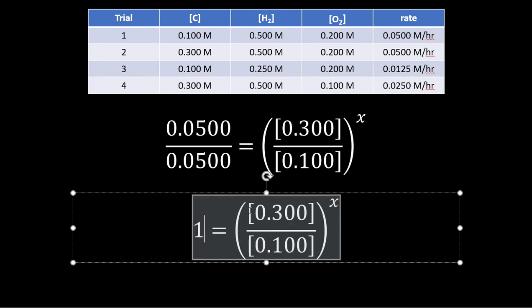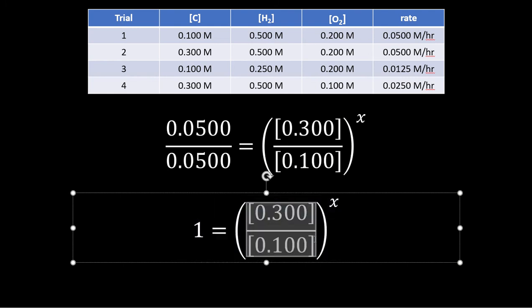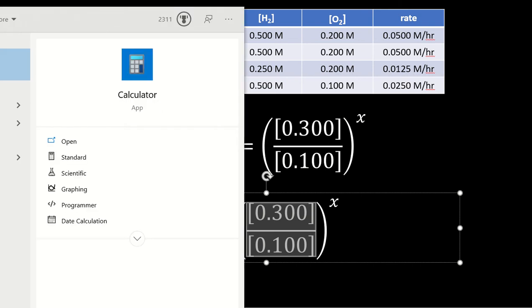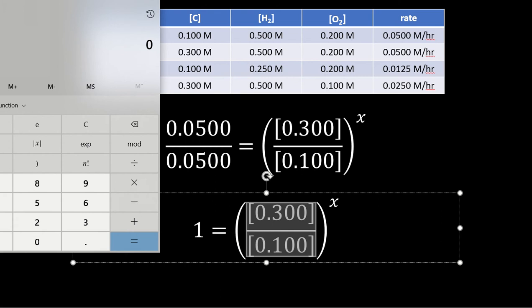And then 0.3 divided by 0.1, that would just be a value of 3.